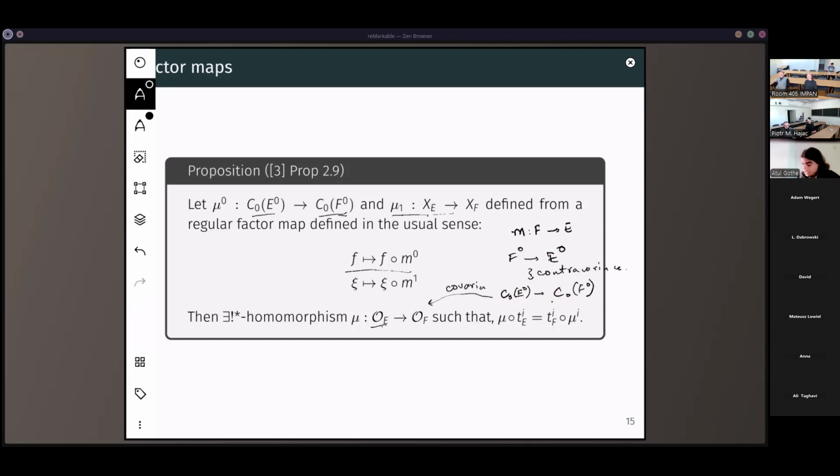And here TE and TF are the representations of the C star correspondence inside the Cuntz-Pimsner algebra. So once we have such regular factor maps, we can then start talking about star homomorphisms between the C star algebras themselves.